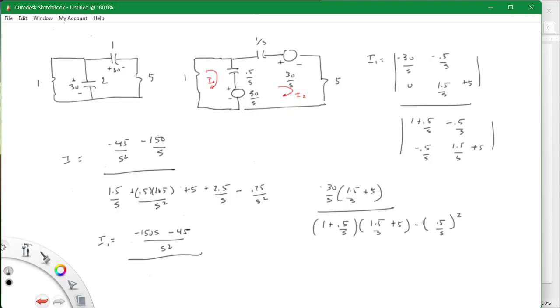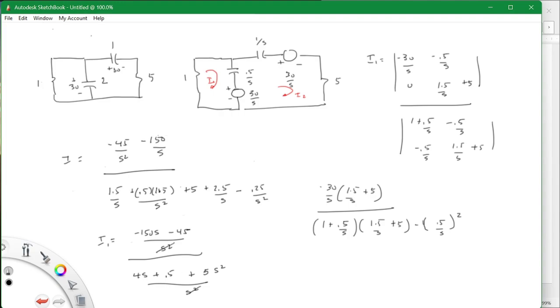So it's 1.5 S plus 2.5 S, or 4S over S squared, plus 0.5 times 1.5 is 0.75, minus 0.25 or 0.5, so it's plus 0.5 over S squared, plus 5S squared all over S squared.